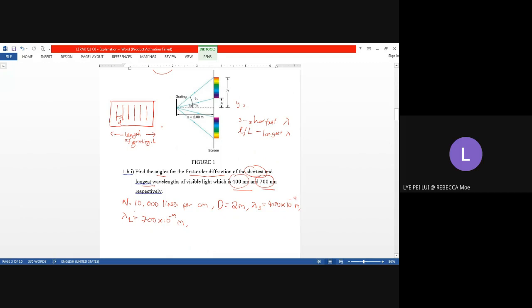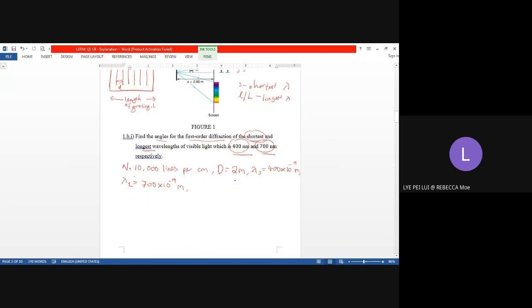By using the diffraction grating equation. So what is the equation for diffraction grating? We use d sine theta equals n lambda, with n the order. This is the equation for diffraction grating.